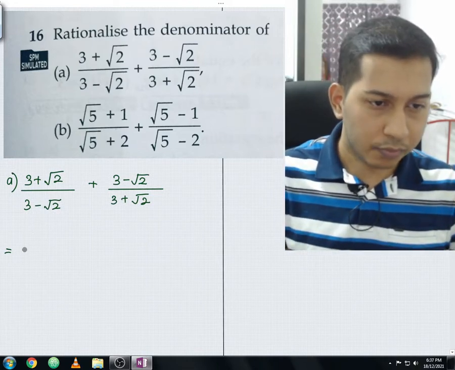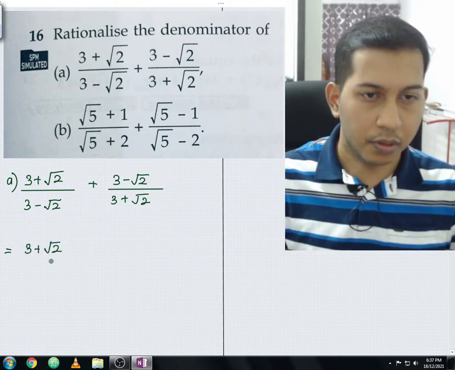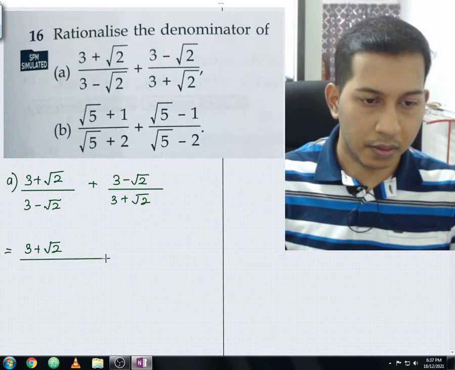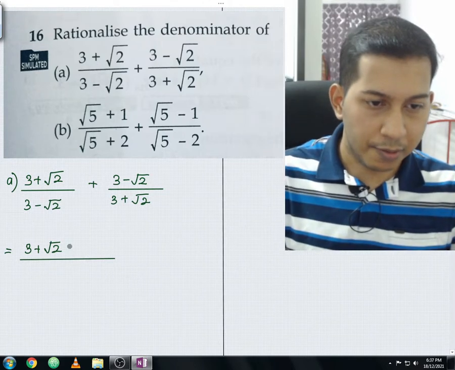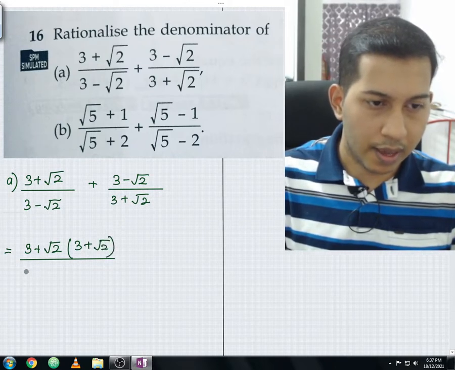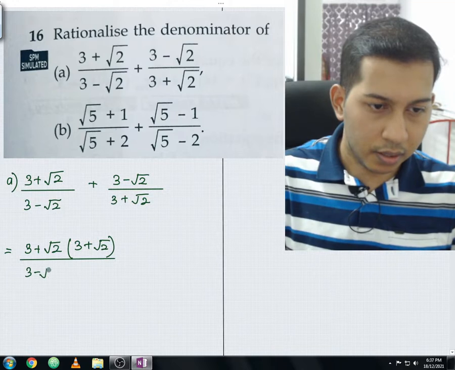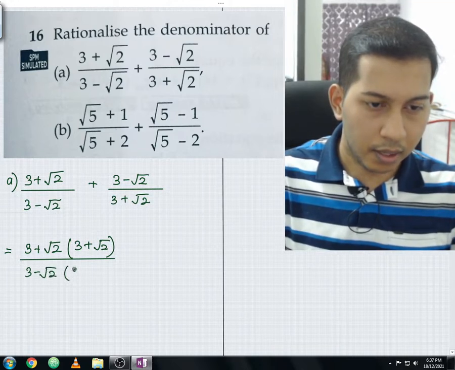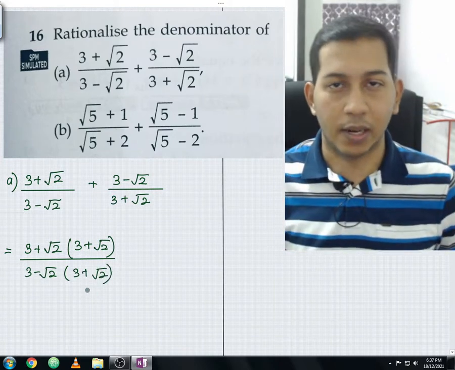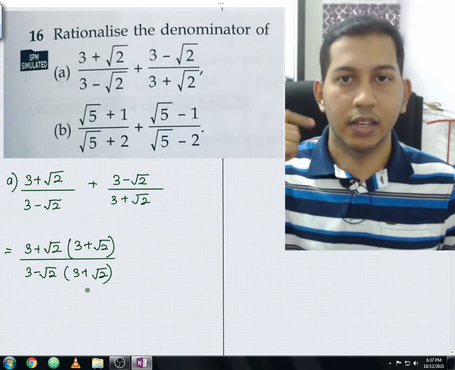So from here, for (3 + √2) you multiply with (3 + √2), and your denominator (3 − √2) you multiply with (3 + √2). When you multiply the denominator, you need to multiply the numerator as well. It is applicable for both the numerator and the denominator.